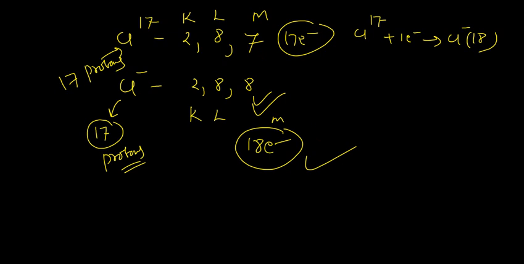Okay, so periodic variations are the same. Again, if you move across the period, the ionic radii decreases, and down the group ionic radii increases. So what is the meaning of that? See, if you are talking about, say, your chloride ion and your fluoride ion, obviously fluoride would be smaller.